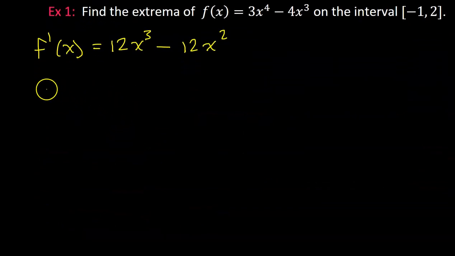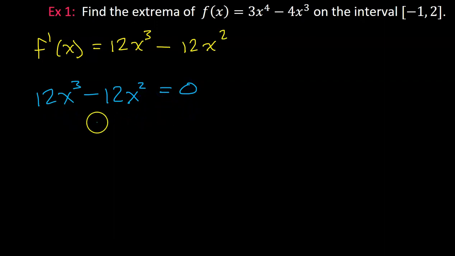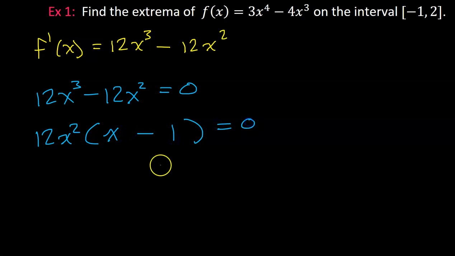So let's go ahead and just set this equal to 0. All right, so if we go 12x to the 3rd power minus 12x squared equals 0, we can solve this and find critical values. Let's take out the GCF of 12x to the 3rd and 12x squared. Put that out front. That's going to leave on the inside simply x minus 1.